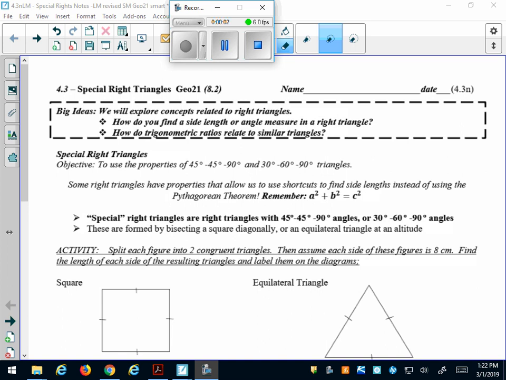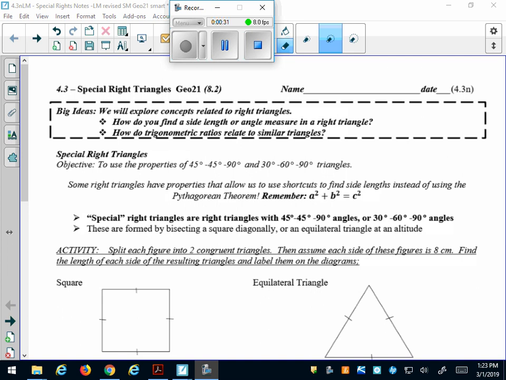Certain triangles are called special right triangles. They're a little bit more special than other right triangles because they occur often and because they have relationships and ratios amongst their sides that are a really easy pattern to recognize, and we're going to actually memorize the relationships, right?